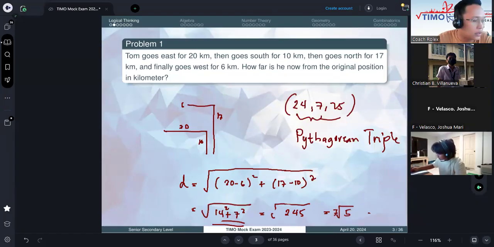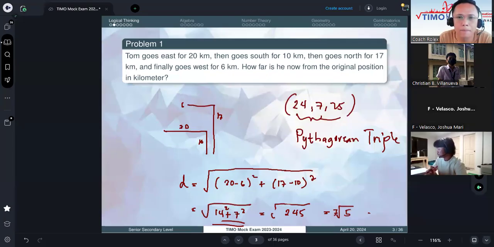But in your questionnaire, the given is 20, but the answer is, I guess, 25. So we will follow this one and recheck your answer.